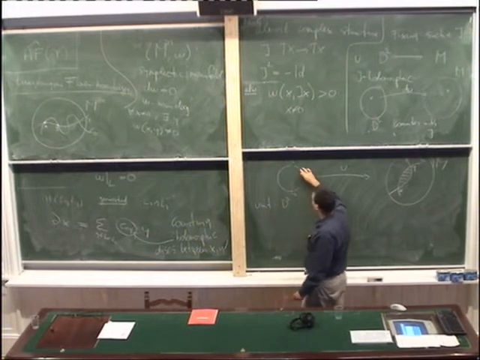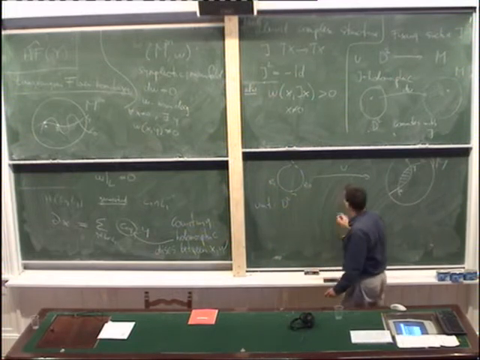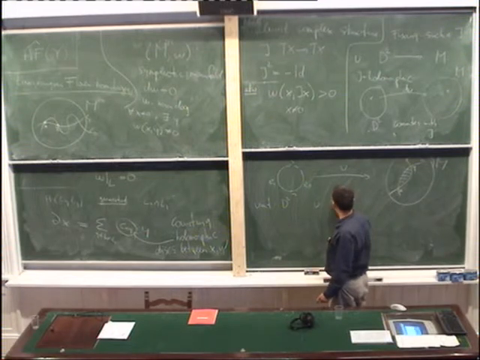Let me call this arc E0 and this arc E1. The first condition is that u is J-holomorphic.